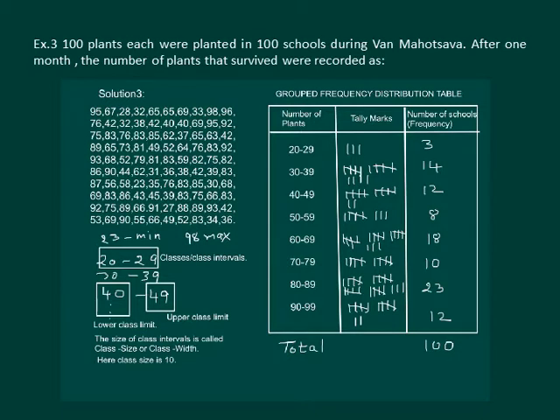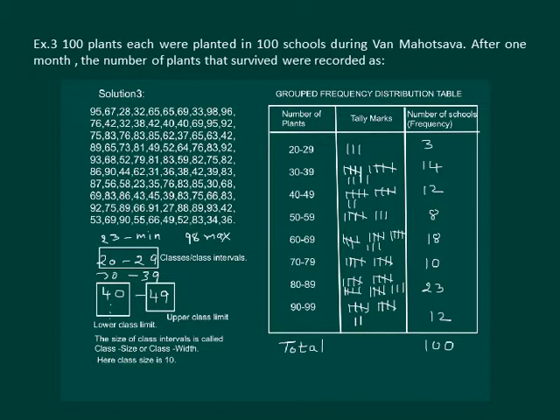So that means out of 100 schools, in 71 schools, more than 50% of the plants survived. How easy it has become by constructing a grouped frequency distribution table to infer the results about these 100 schools.